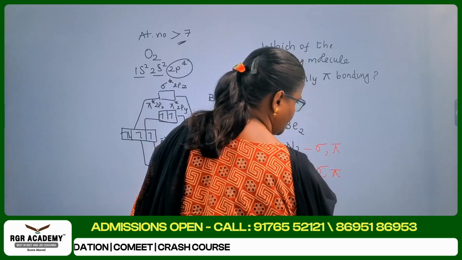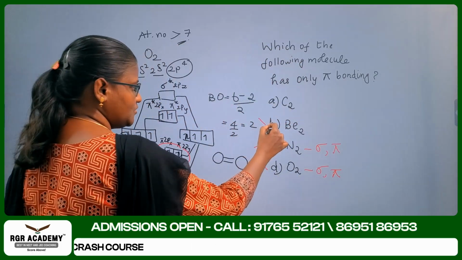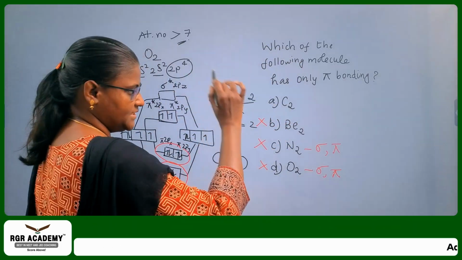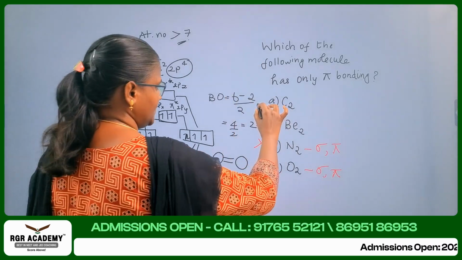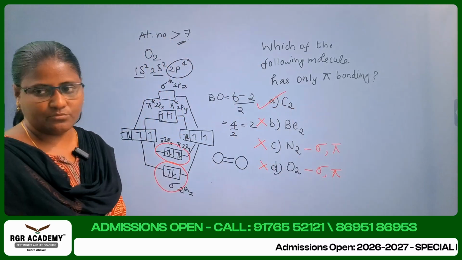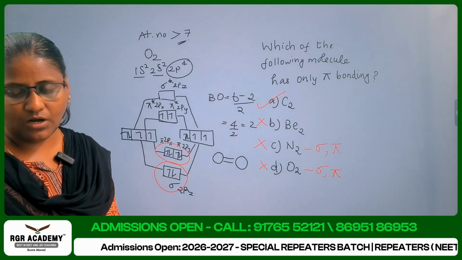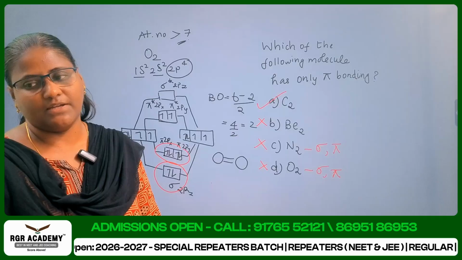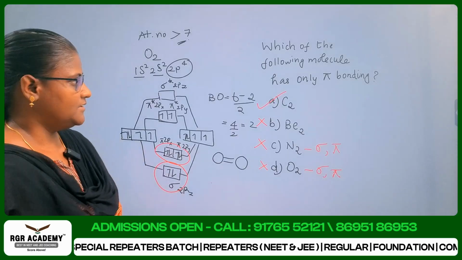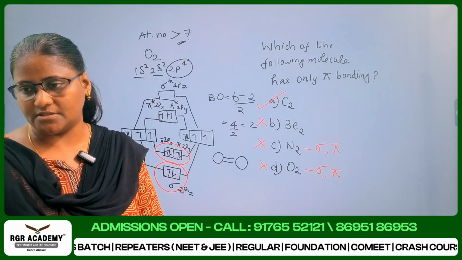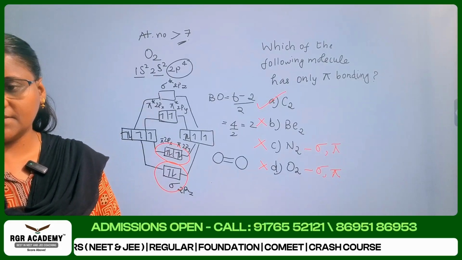So what is the correct option then? Here B2 is not at all correct because it doesn't have any p orbital at all, and we find the right answer to be C2. If you know how to arrive at the molecular orbital picture, we can easily assess these kinds of questions. I hope you have understood this.